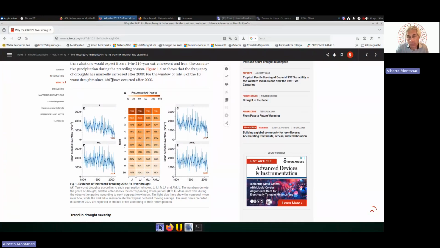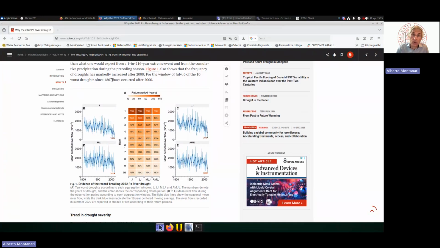But what we wanted to do here is, first of all, look at seasonal flows. What do I mean by seasonal? We first focused on the flows of July, so monthly flows in July. We have a series that is 207 years long, so I have 207 values of Po River flows in July.